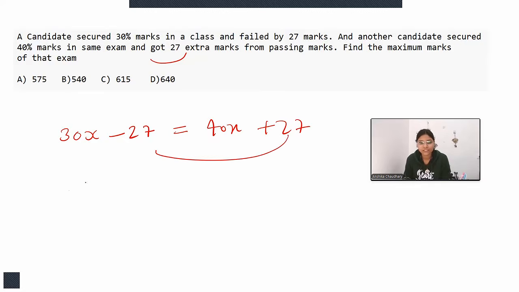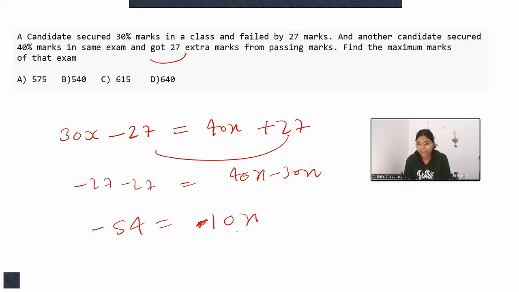Let's take this 27 here, minus 27, because while changing the side, it will change the sign also. 40x minus 30x. It will be 54, and here it would be 10x, right? Ignore this negative sign, because in percentage, ratio, proportion, negative doesn't play any role, right?